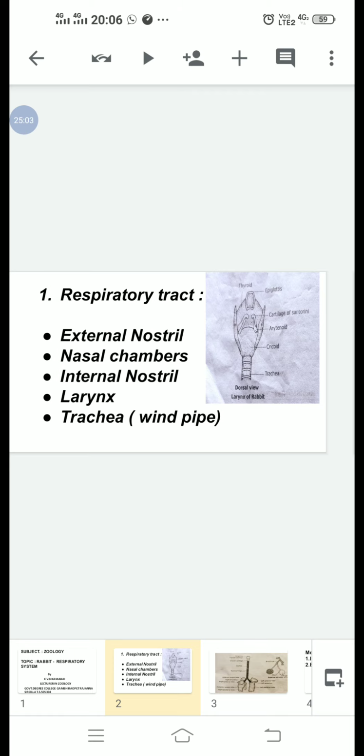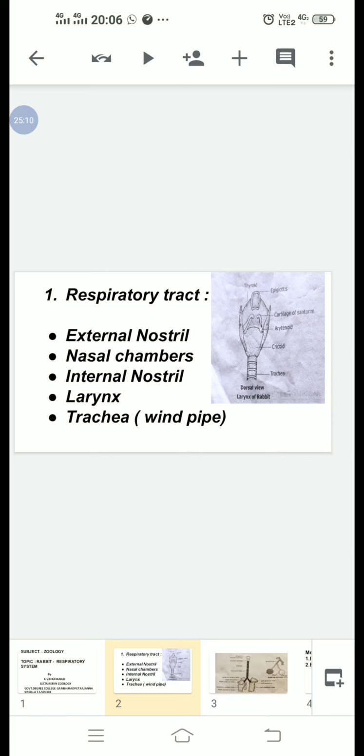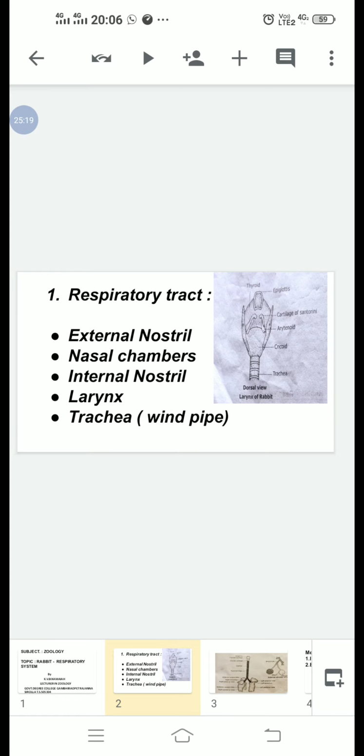The cavity of the larynx is called the laryngeal chamber. The laryngeal chamber contains two pairs of membranous folds called vocal cords. Sound is produced due to their vibration. The larynx opens into the trachea.